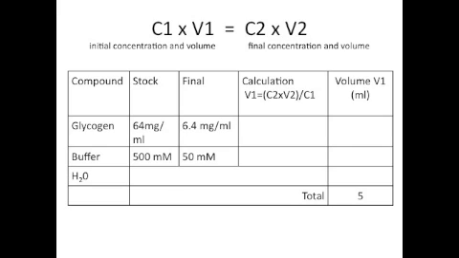Either using a dilution factor or using the formula C1V1 equals C2V2, you can calculate the amount of each of the two solutions that you need to make up a total volume of 5 ml. Make sure you make these calculations before coming to the lab so that you can be ready to go when you are in the lab.